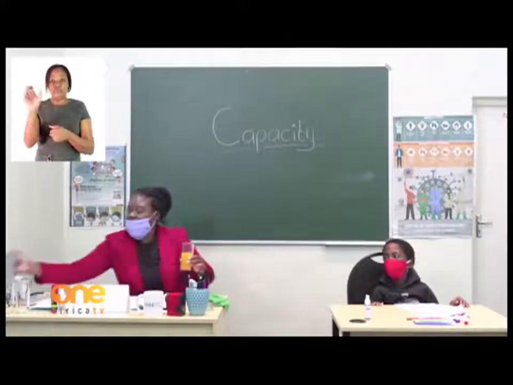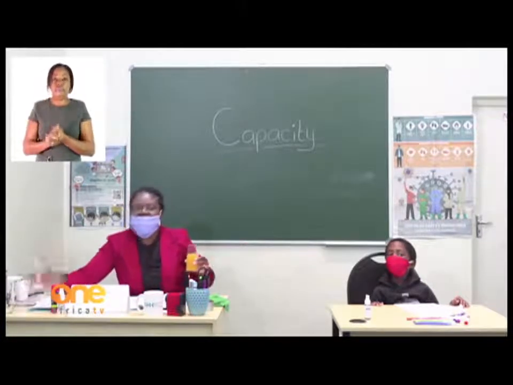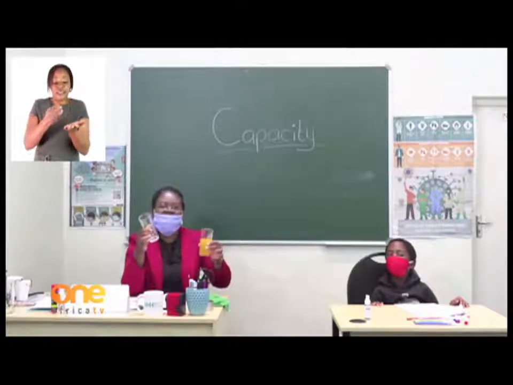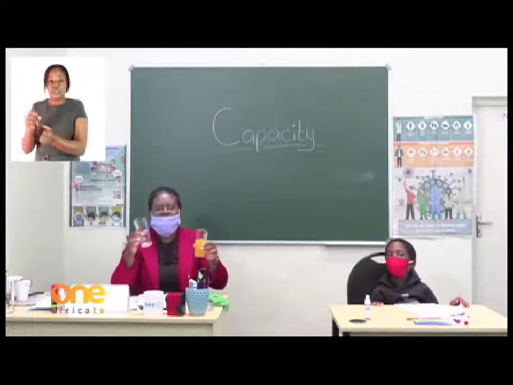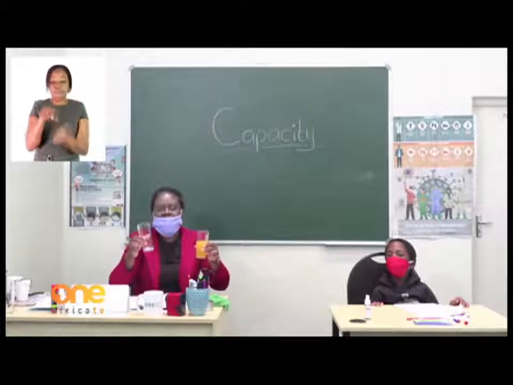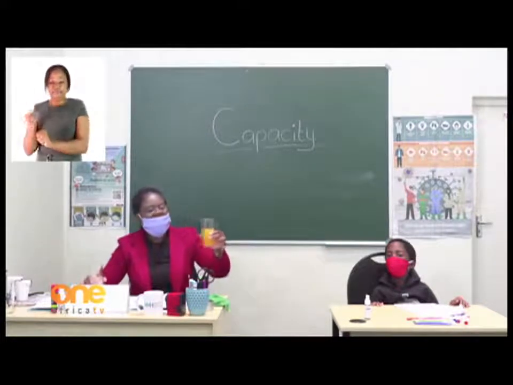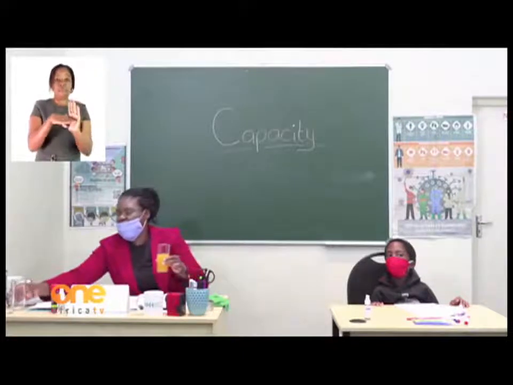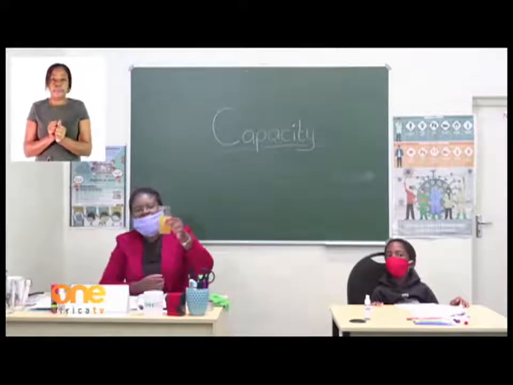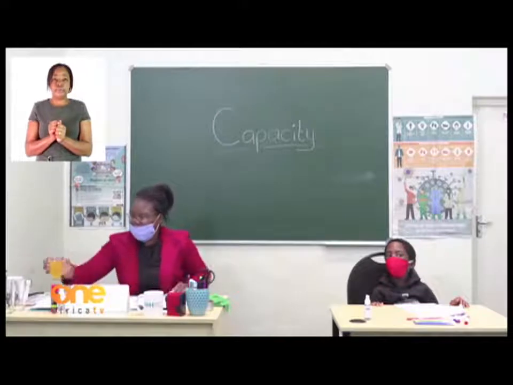So if I have to compare this glass and this glass, there is nothing in this glass. That is what we say empty. The glass is empty. It's not holding anything. There's nothing in it. But that glass is half. And if I fill it up to the brim, then that is what we call full.